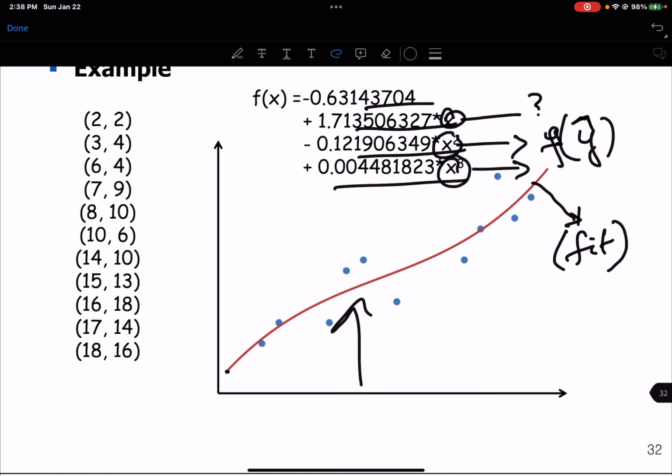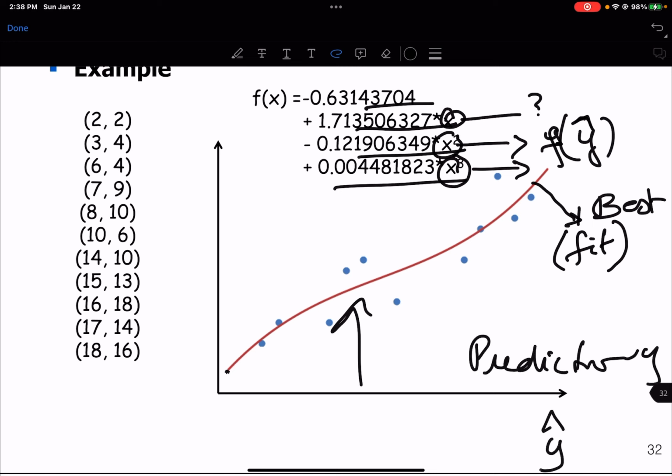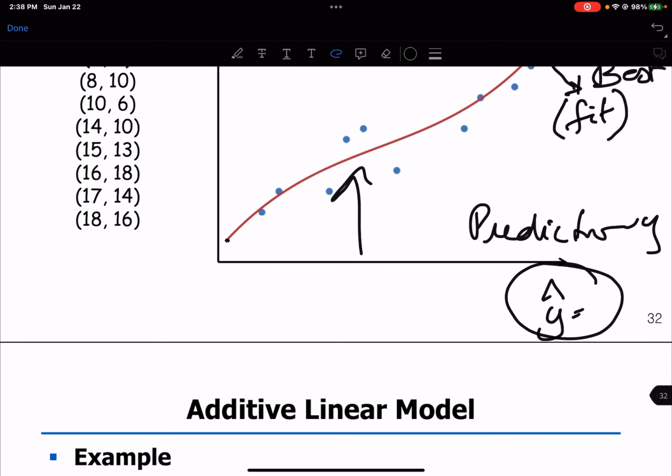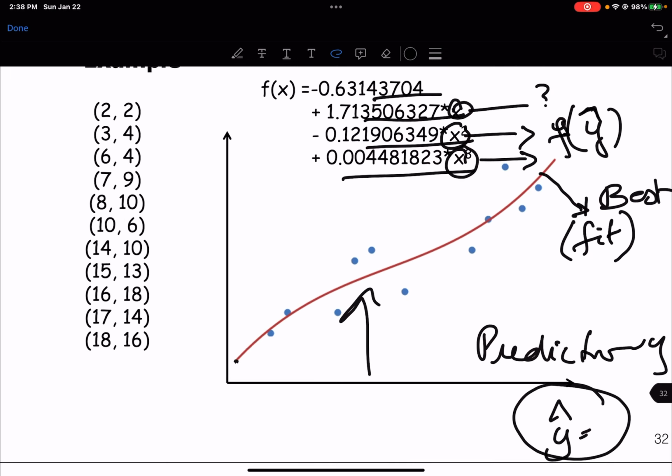If we understand that better, then we can design our best fit model to better represent our data. And the better fitting our model is, the better we are at predictions, y hat. So f of x minus yi, in this one we say expected value of y.